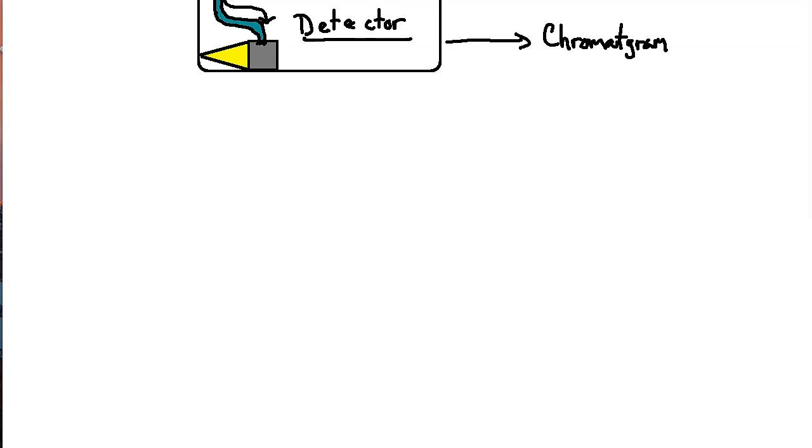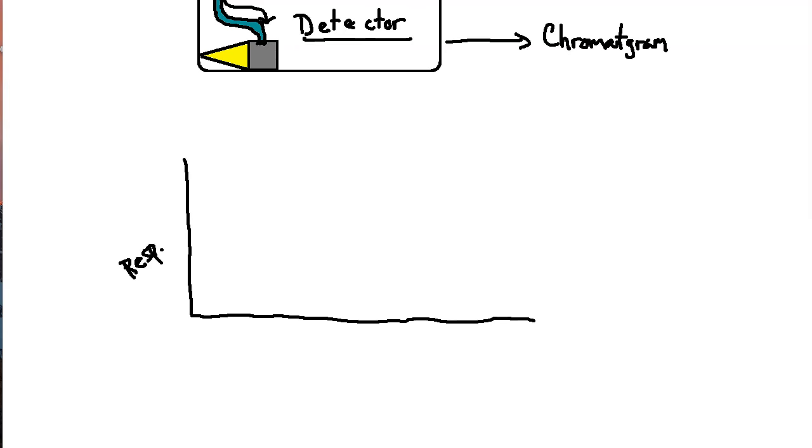At that point, you would be using software in order to analyze your actual chromatogram. So a general chromatogram is going to look something like this. Along the y-axis, you're going to usually see some sort of a response.